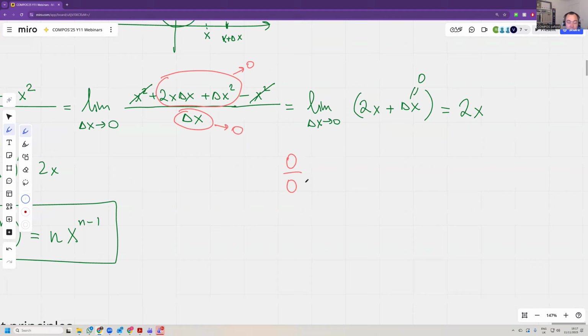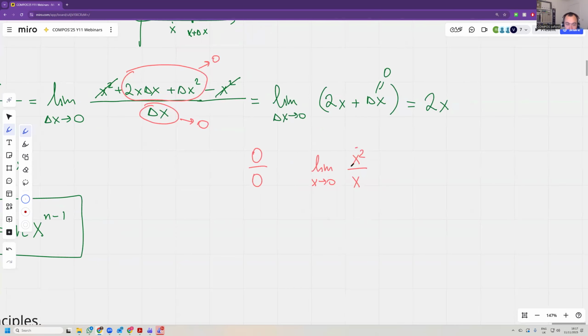Look, let's say we have the limit of x tends to 0 of x squared divided by x. Well, this is 0 and this is 0, so it's 0 divided by 0. But if we divide both top and bottom by x, it becomes the limit x tends to 0 of x over 1. And now you can see it's 0 over 1, so it's actually 0.